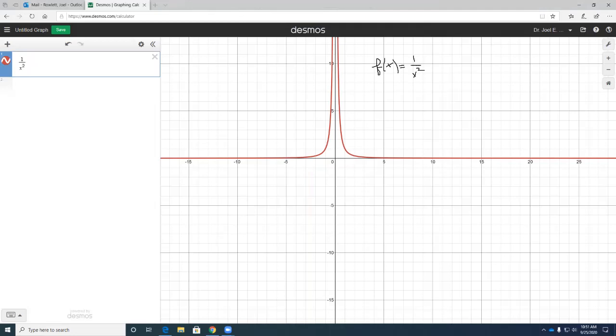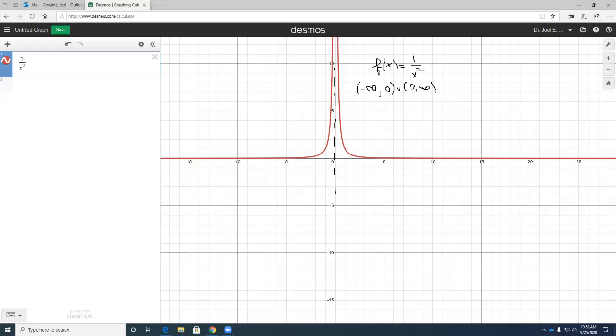There's only one value of x that can make that denominator 0, and that is 0, because 0 squared is 0. And the line x is equal to 0 right here, also known as the y-axis, would be your vertical asymptote. So how would we write the domain? Well, we could just write out all real numbers except 0. Or I could say it's anything from negative infinity all the way up to 0, not including 0, and then everything on the other side of 0 all the way to positive infinity. So that's another way we can write the domain.